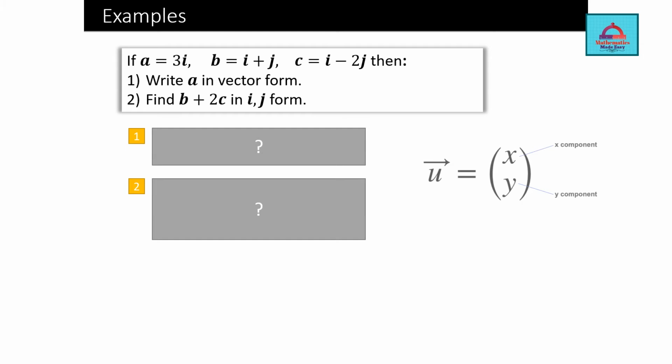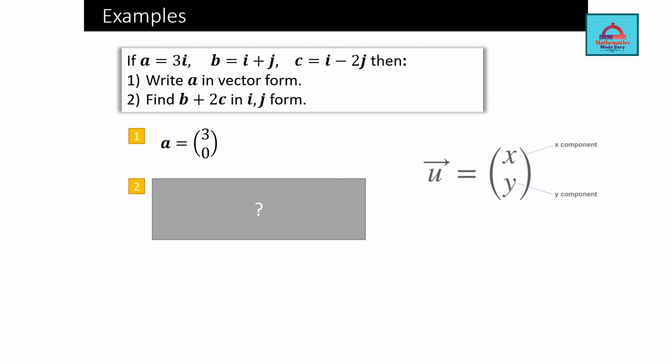Here you are given 3 vectors a, b and c in the form of i and j. You have to do 2 things. Number 1, write a in vector form. So vector form means the form u equal to (x, y), where x is the x component and y is the y component. Vector a only has i, that is, it only has an x component, so its answer would be (3, 0).